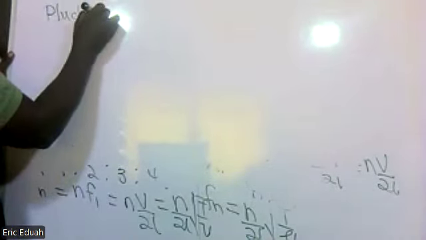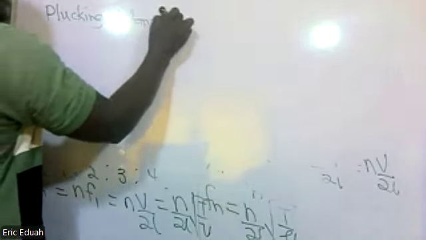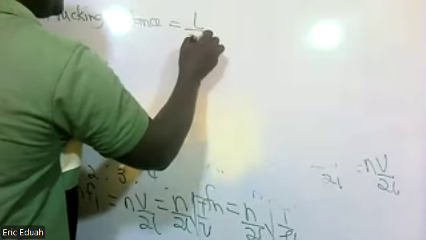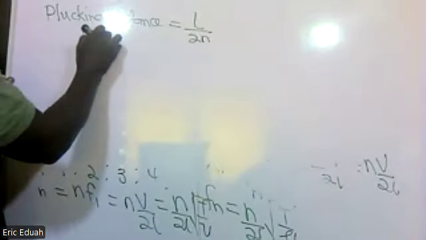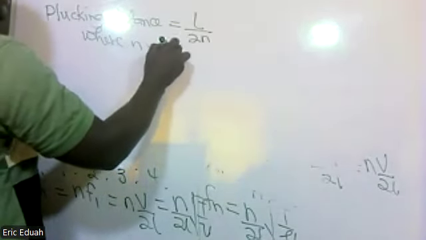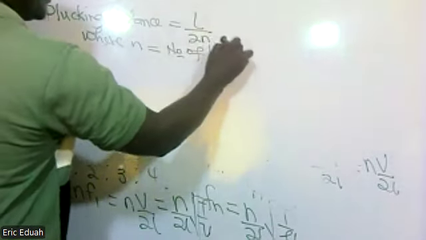The blocking distance is given by length of the string divided by 2 times n, where n is equal to the number of loops.